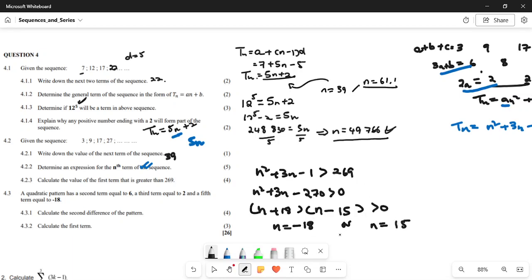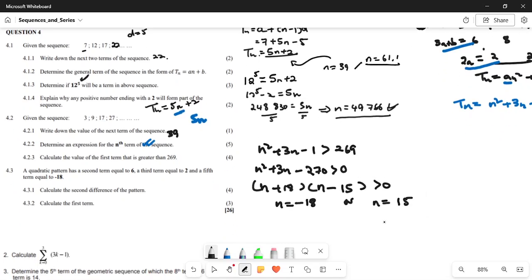And then I'll just select the one that's likely to be correct, the positive index. So I will say n squared, which in this case is 15 squared, plus 3 into 15, minus 1.